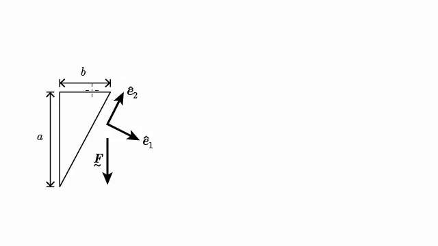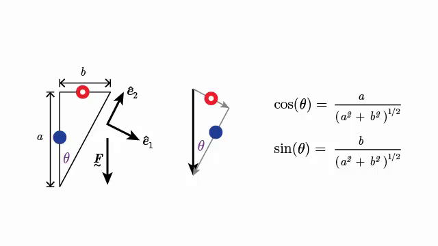Even though it looks a little bit different, the principles are pretty much the same. So what I'm going to do is take this vector f and use that as the hypotenuse of this vector triangle that I'm constructing. And the vector triangle has its other two sides parallel to the e hat 1 and e hat 2 directions.